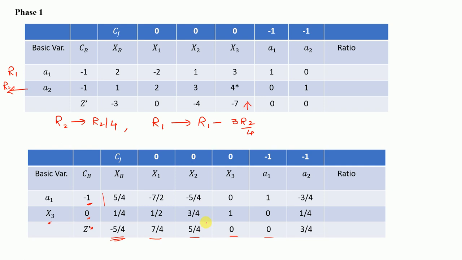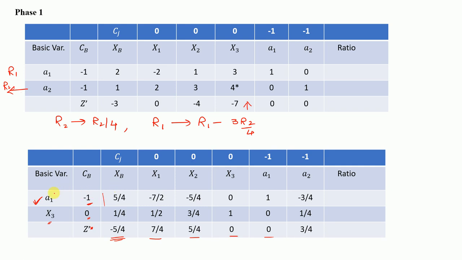So can we consider this as the initial basic feasible solution or not? Now look at this, in this solution an artificial variable is there. Artificial variable means simply of no use. It should not be there to be considered as initial basic feasible solution.